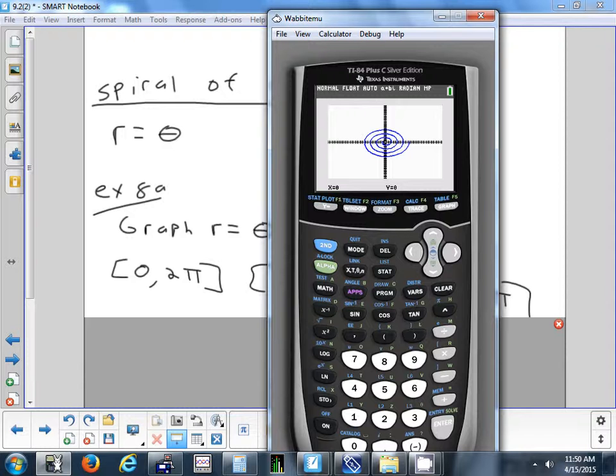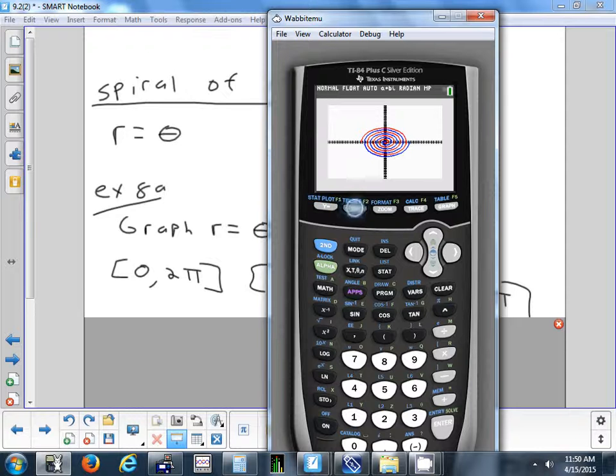Now you could try to figure out different things to do with the spiral. Maybe you could figure out how to make it spiral the other way. You could try things like putting a negative in front of theta. Well, it's still spiraling the same way. It didn't spiral in a different direction.